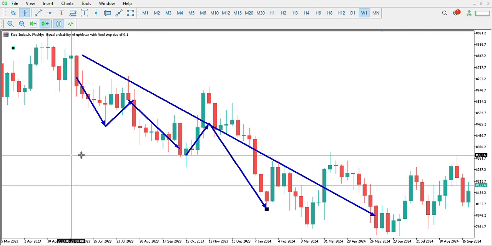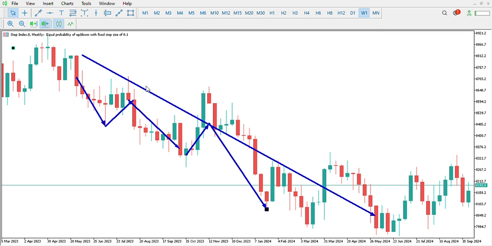So under the market structure, this is a selling market. The selling market will respect the high and the low. Whenever this market breaks the high, and I'll tell you something, for example here, let me pick this point.